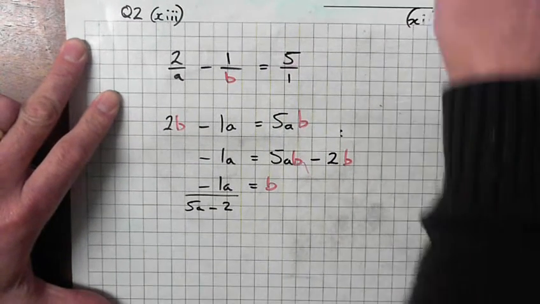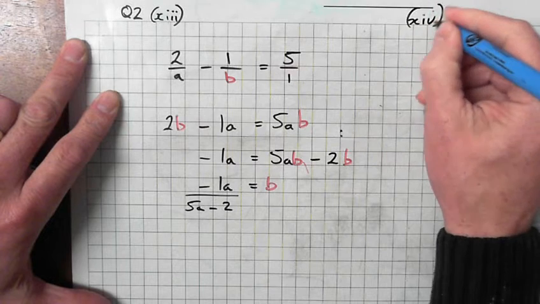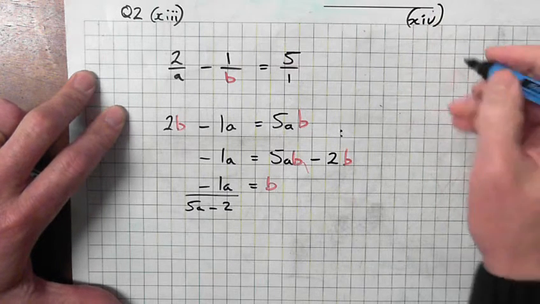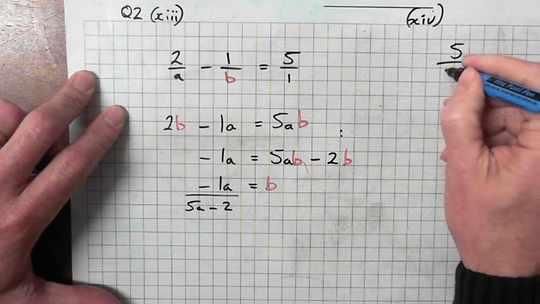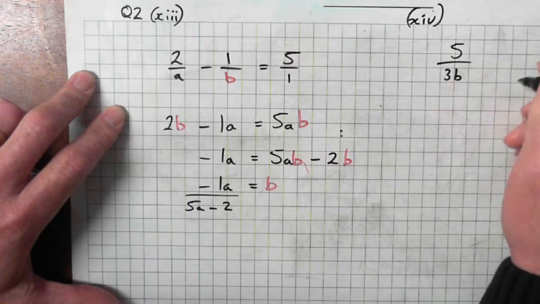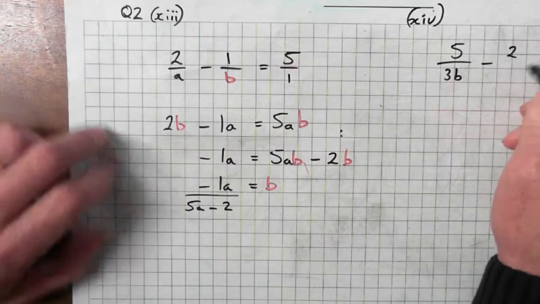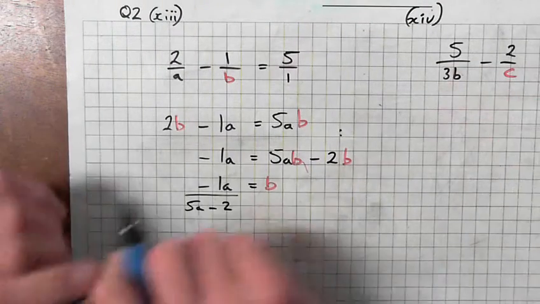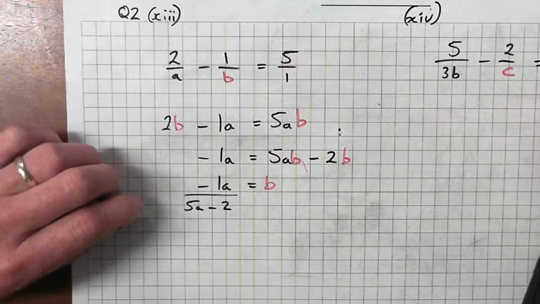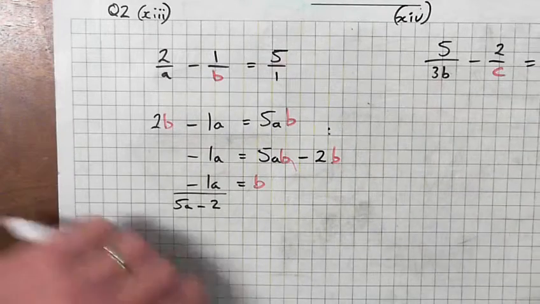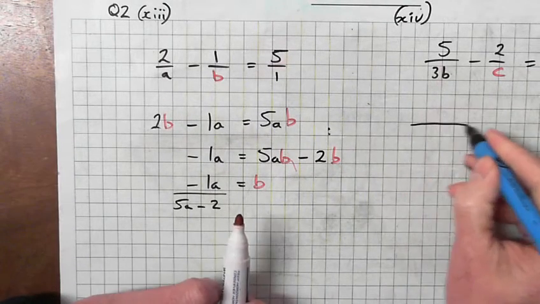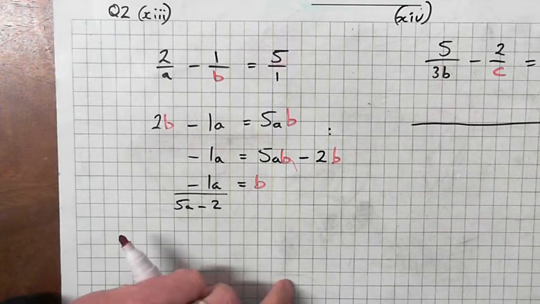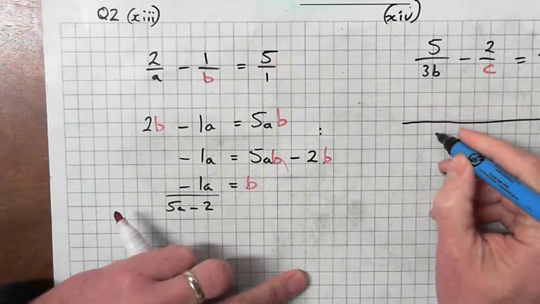The next one, xiv. 5 over 3b minus 2 over c is equal to 1 over 3. Alright, so I could do exactly the same thing if I want to.